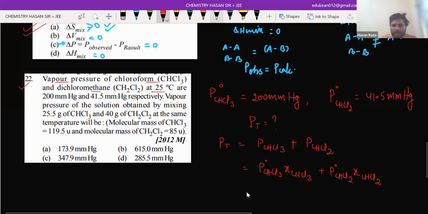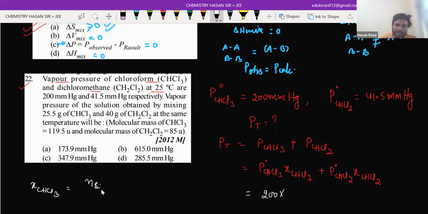Now you can see P naught CHCl3 is given as 200. You only need to calculate the mole fraction of CHCl3, which equals the number of moles of CHCl3 upon the number of moles of CHCl3 plus the number of moles of CH2Cl2. How can you calculate the number of moles?